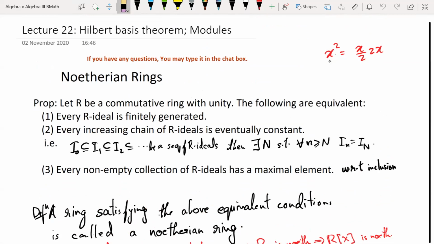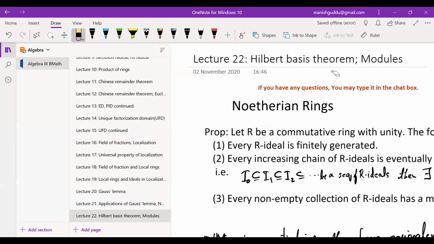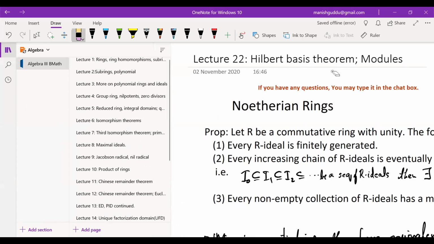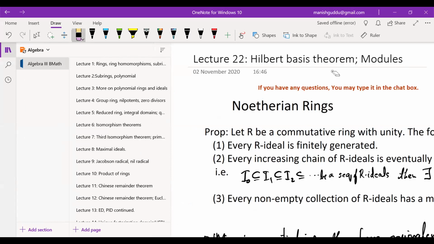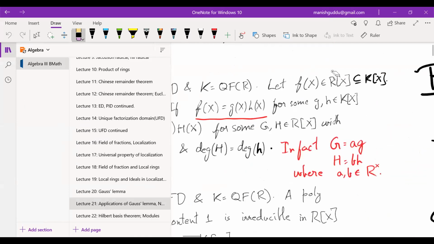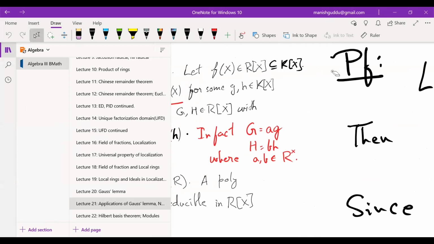So let's get back to this. I can only conclude that they are in K after clearing the denominators, but not before that. But we only used that they are associates in K[x]; we didn't really use it in the other place.